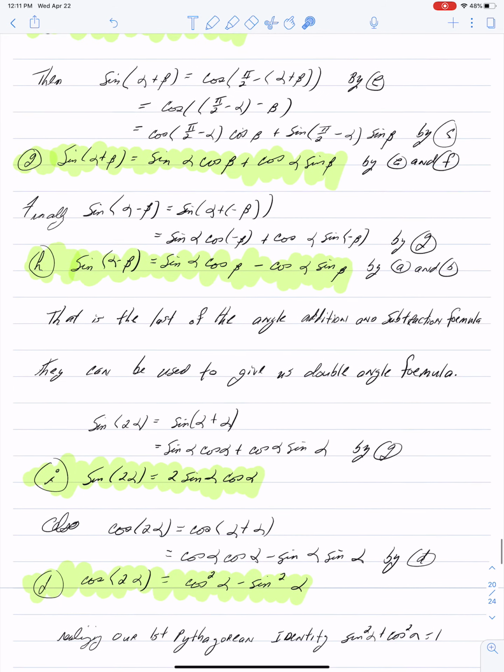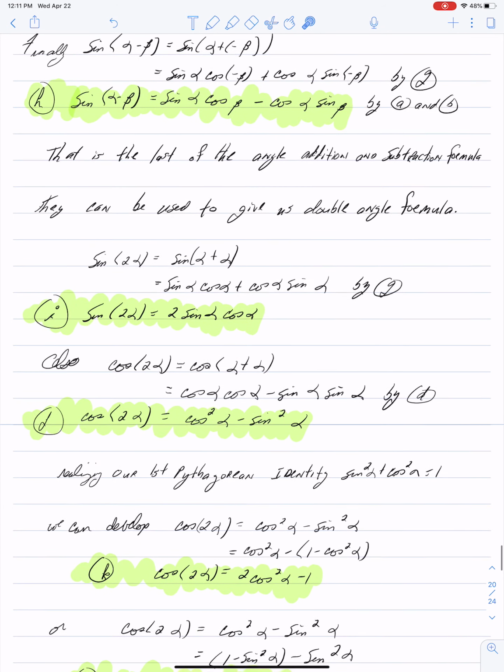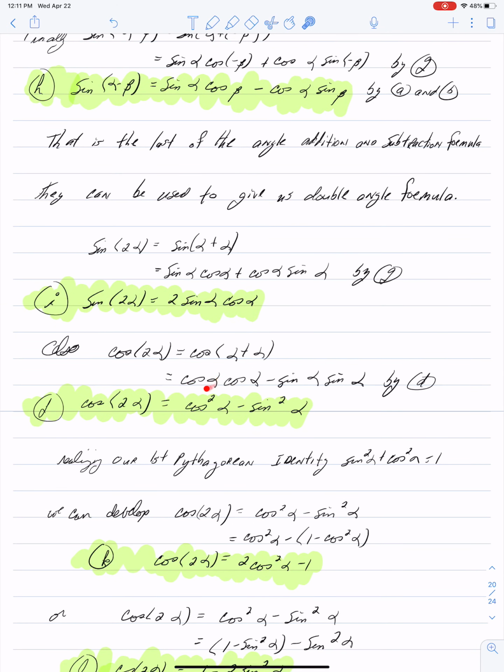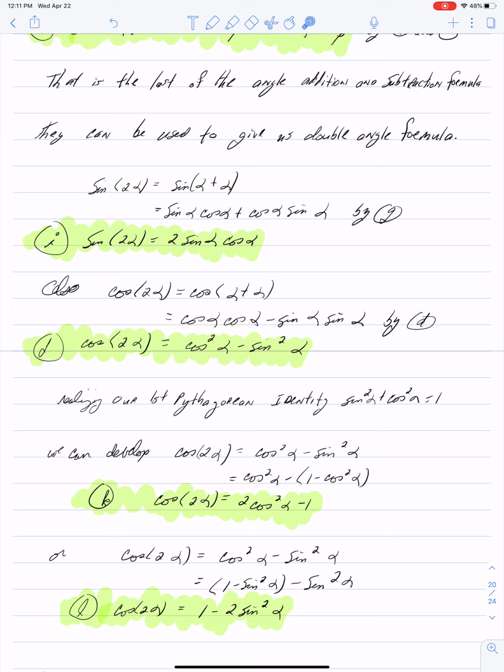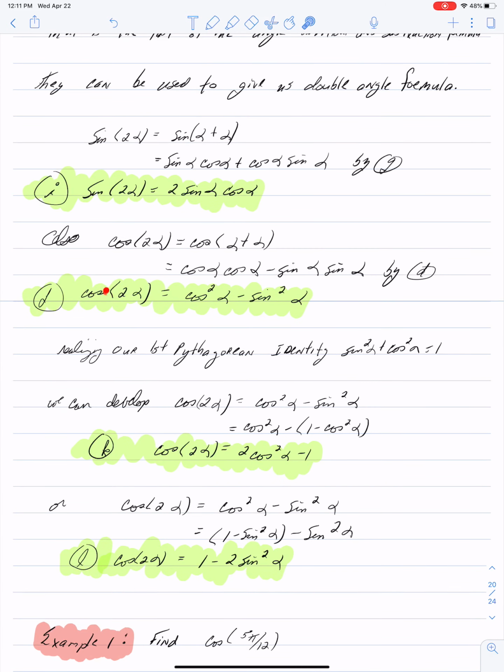And what did D say? It's just cosine of the first, cosine alpha, subtract sine alpha, but that could be written as what? Cosine squared alpha minus sine squared alpha, and that is the double angle formula for the cosine.